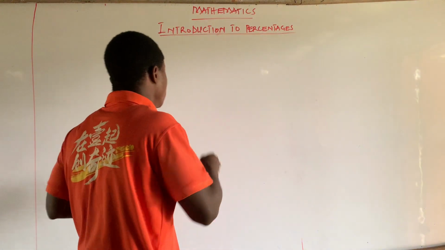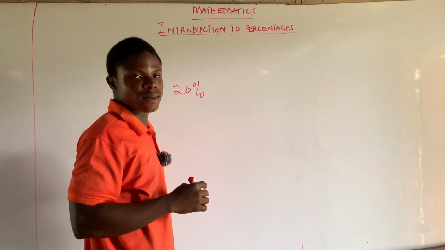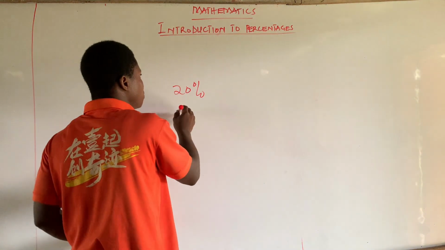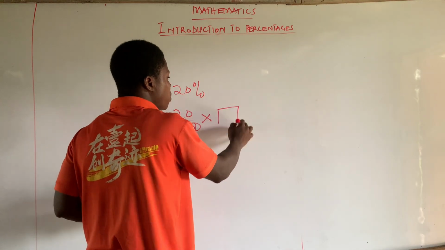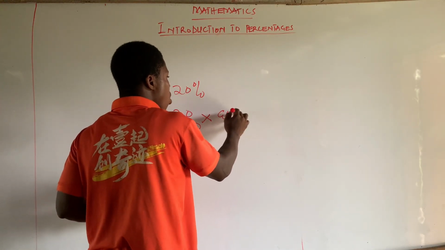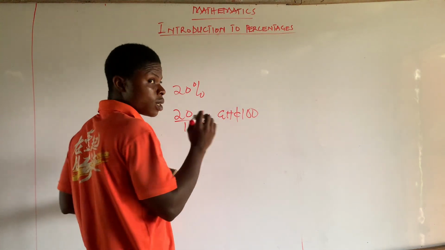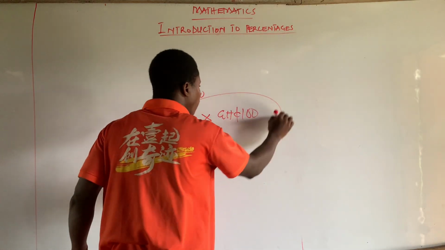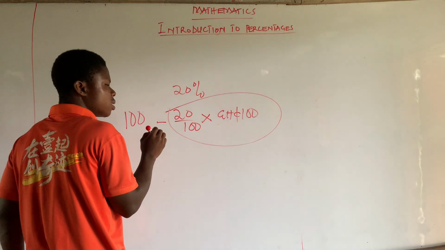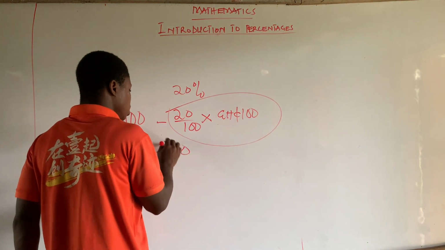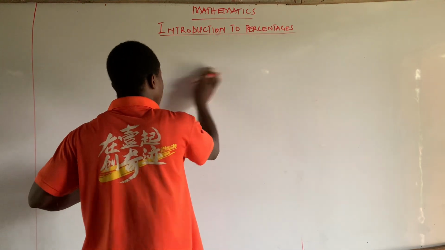So the discount may be given as 20% subtracted from the original price. 20% means 20 out of 100 of the original price, maybe 100 Ghana cedis. You understand? So if you evaluate this and subtract it from the original 100 Ghana cedis, it will be 80 Ghana cedis. That's what percentage means.